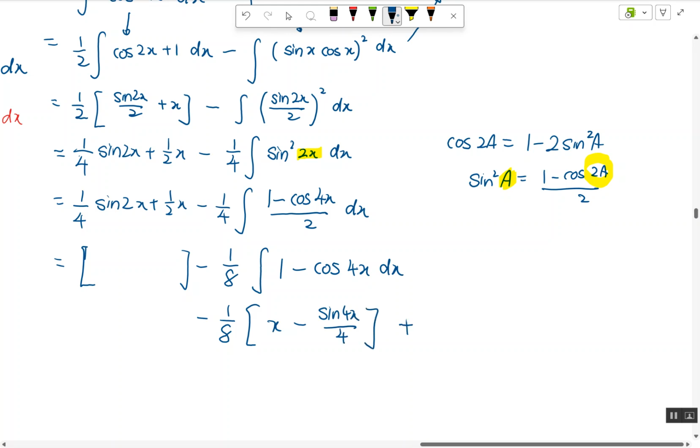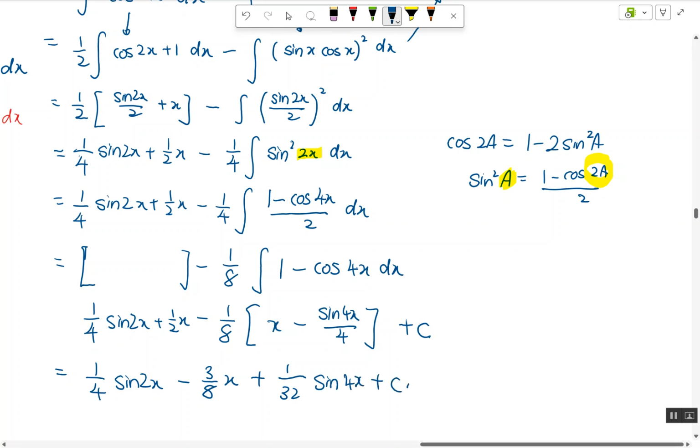That's where your plus c comes, and then you are going to write everything nicely. Sine 2x plus half x. Combine the half and the 1 over 8, you're going to get 1 over 4 sine 2x. Half minus 1 over 8, that will be 3 over 8 x, and then plus 1 over 32 sine 4x plus c. So this would be longer.